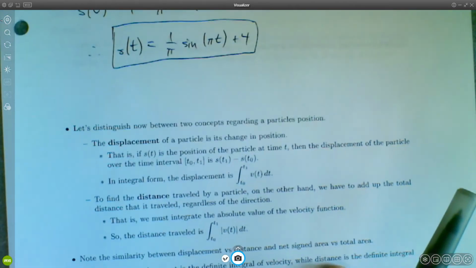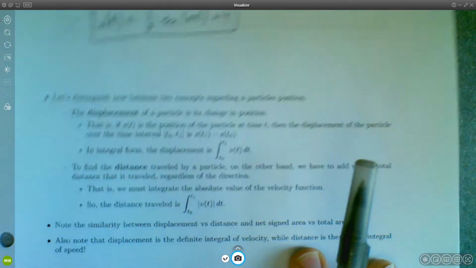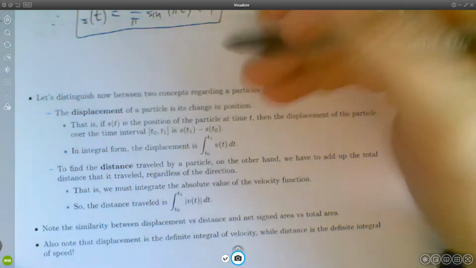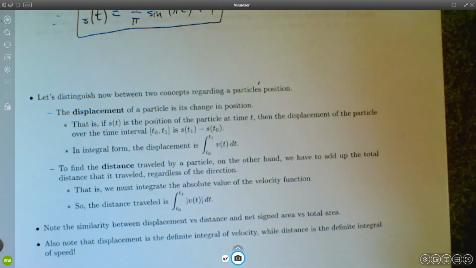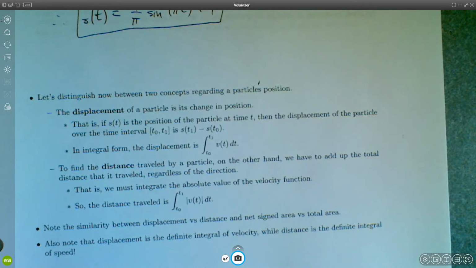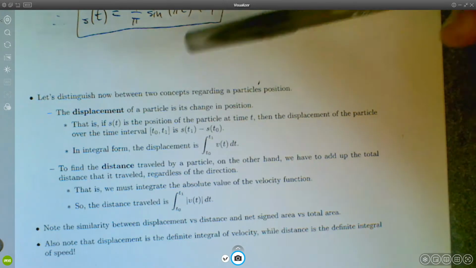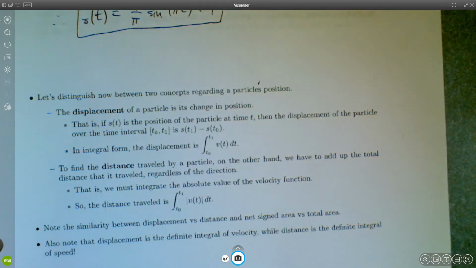There are a couple of things though that we can talk about here that I think are kind of interesting. So for one thing, we can distinguish between two different concepts that have to do with a particle's position. The first one is the displacement. The displacement of a particle is its change in position. So it's wherever the particle ended up at the end of the time interval you're looking at, minus wherever it began at the beginning of the time interval that you're looking at.